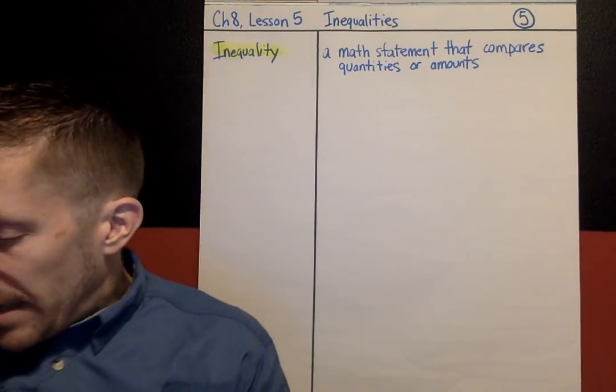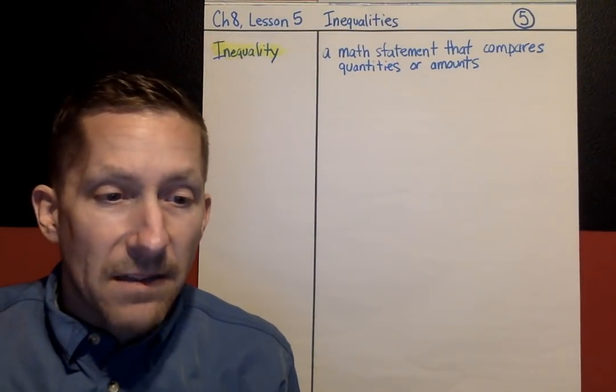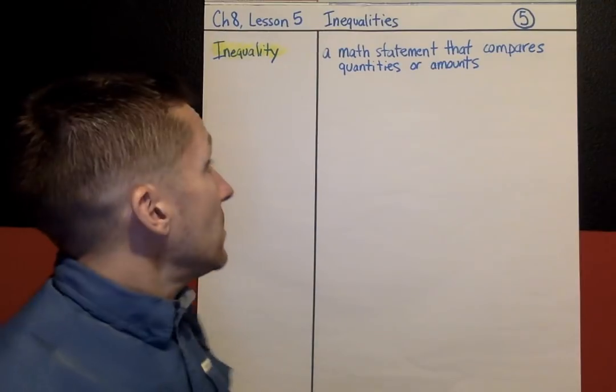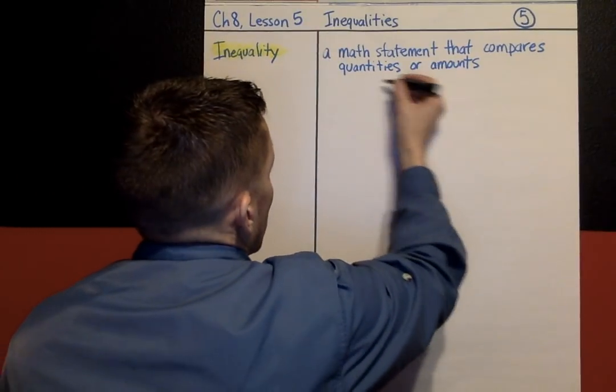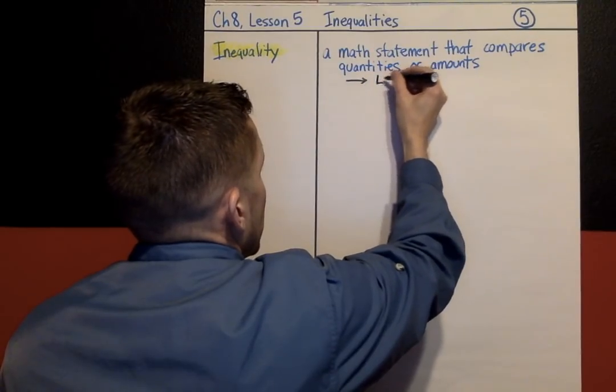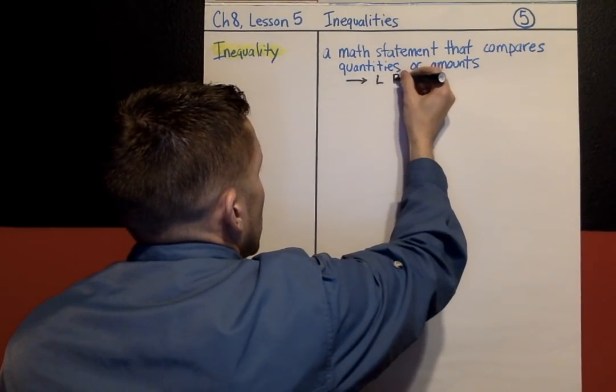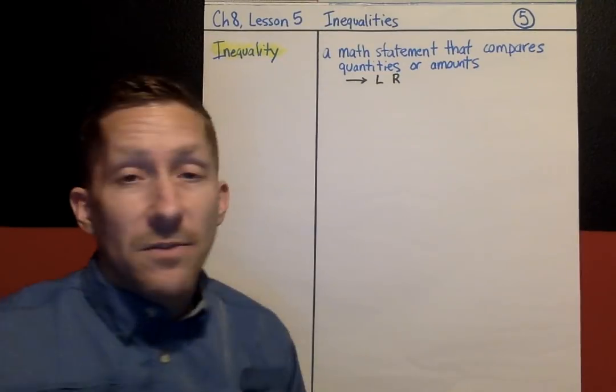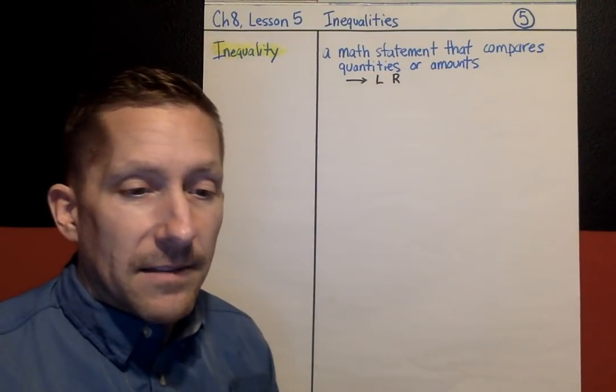So when I give you an example of an inequality, it's going to make a lot more sense. Inequalities are also read left to right. So I'm going to put this little symbol right here. You read from left to right, just like you do a sentence.